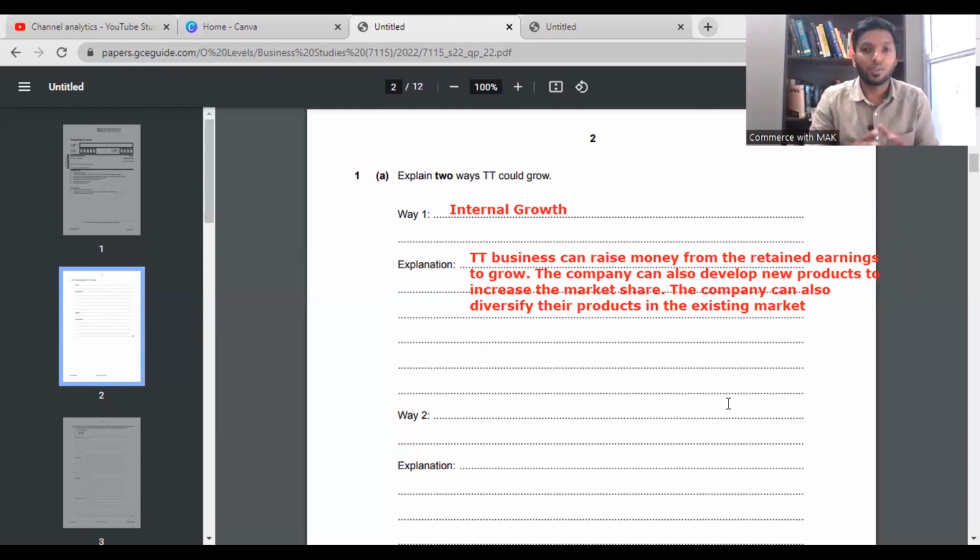I'm not sure about this, I'm just giving you an example. They have Rin, Surf Excel, Tide, and Sunlight. These four products are detergents, but the way they are advertised in the market is completely different. People think these four products are from different companies, but actually they belong to this particular company. That's how they diversify in a different way.